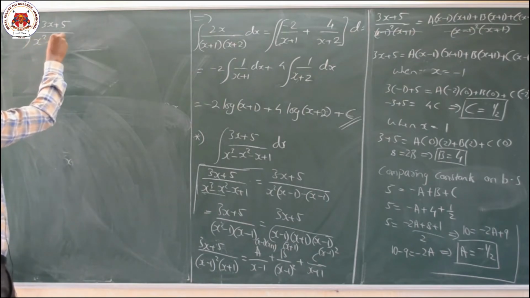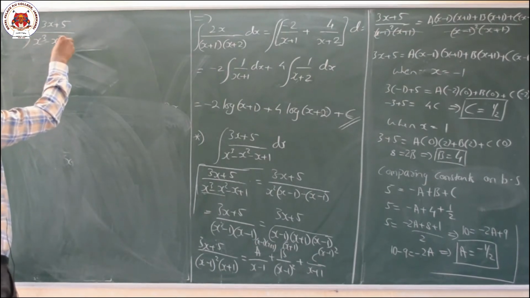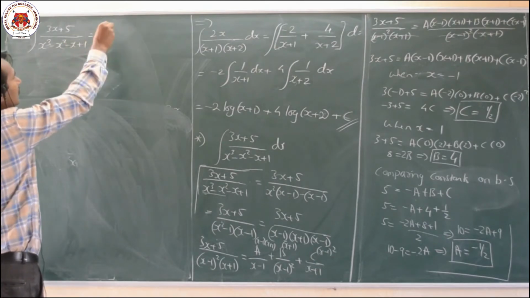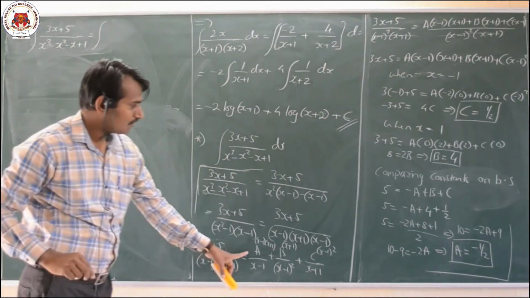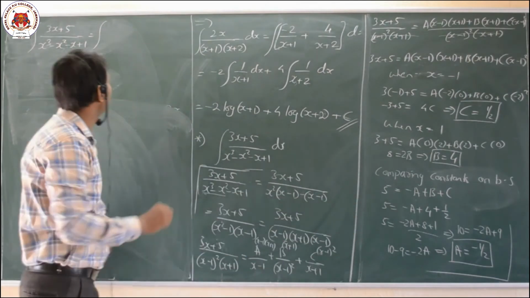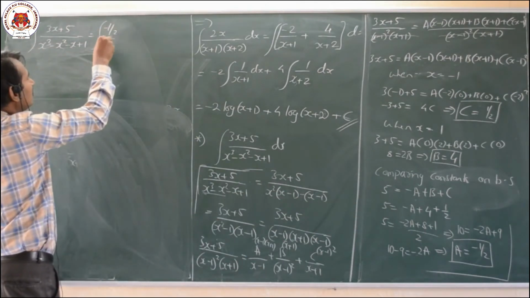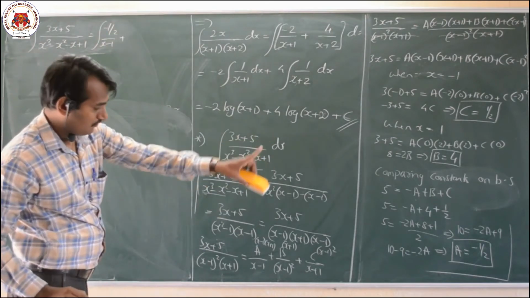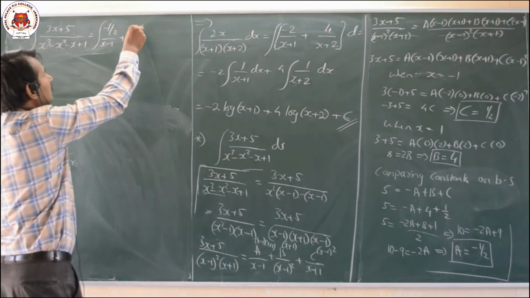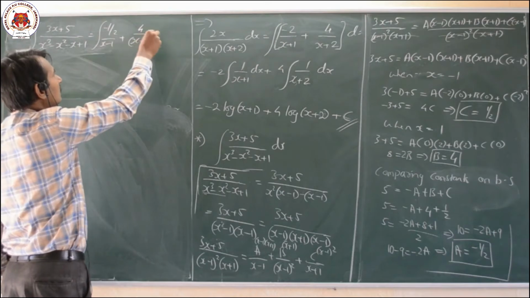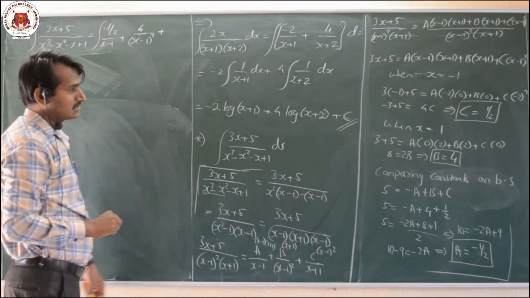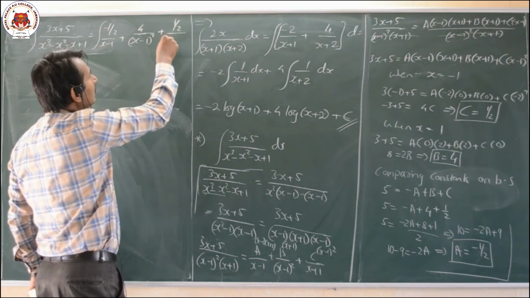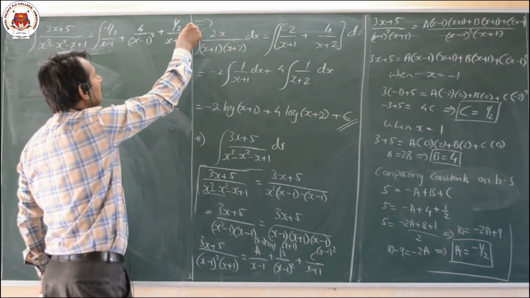A means what is the value? Minus 1 by 2, divided by x minus 1, plus b. What is the value for b? 4, divided by x minus 1 whole square, plus c. What is the c value here? 1 by 2, divided by x plus 1, into dx.